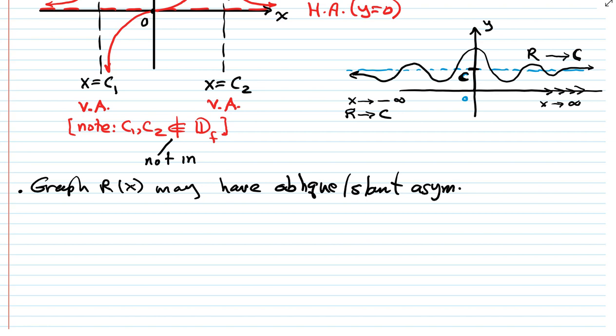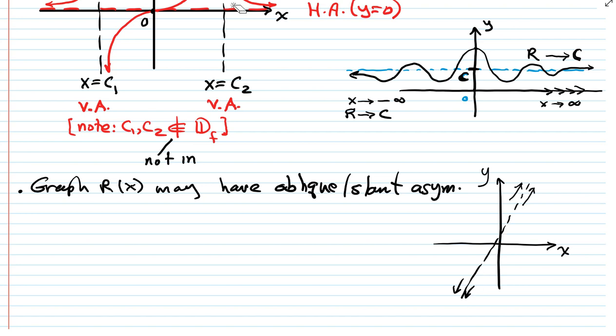What do these look like? So for instance, let's say an oblique may look like this. I could have a line that runs like this, and the function must approach it as x gets very small or very large in either of those two fashions. Okay, so for instance, one possibility would be this.